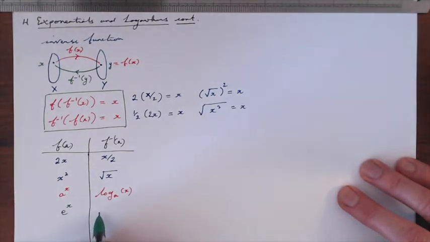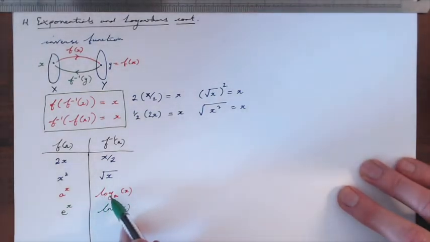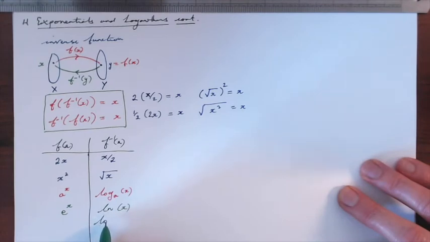We use a shorthand. We write ln of x, which literally stands for log to the base e. So ln is the inverse function of the particular case of the exponential e to the x, and it's a shorthand for log to the base e of x.